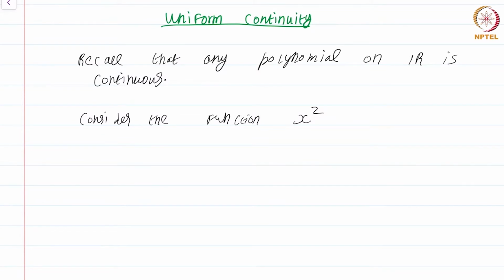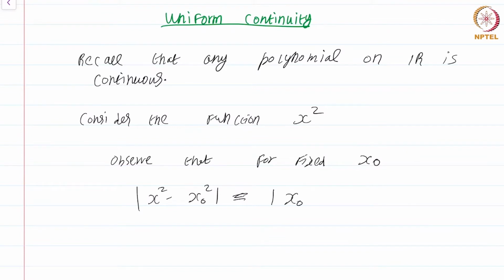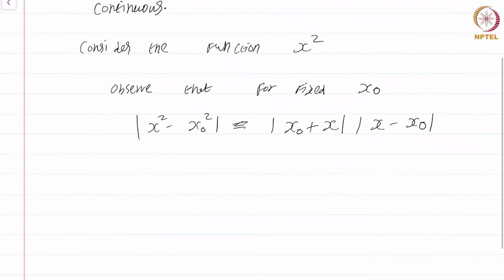Well, observe that for fixed x naught, |x squared minus x naught squared| is equal to |x naught plus x| times |x minus x naught|, right?